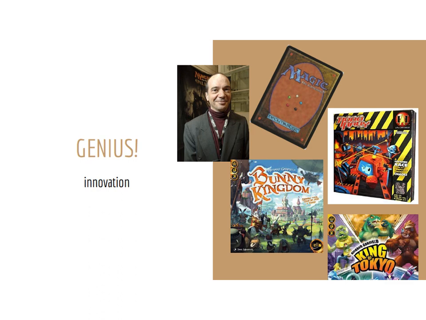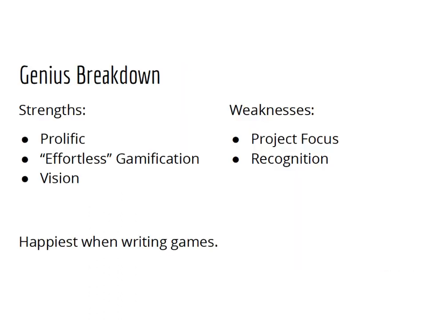And the first archetype that Seppi proposes is the genius, whose main goal is innovation. And he uses as his example Richard Garfield, designer of Magic the Gathering, Robo Rally, and King of Tokyo. The strengths of a genius are that they tend to be prolific developers. They can create a lot of content. And for them, gamifying things, which means taking game design principles and applying them to non-game situations.